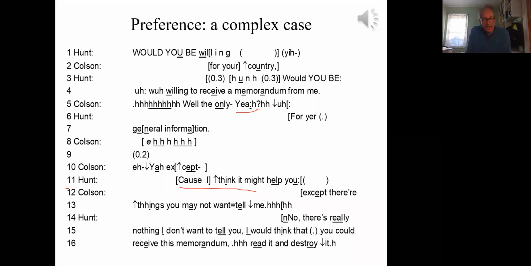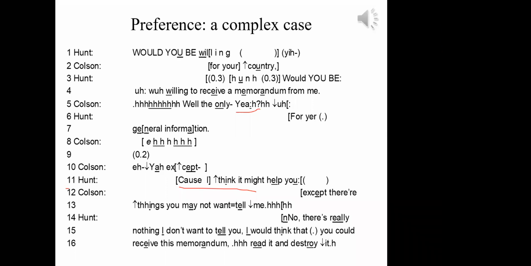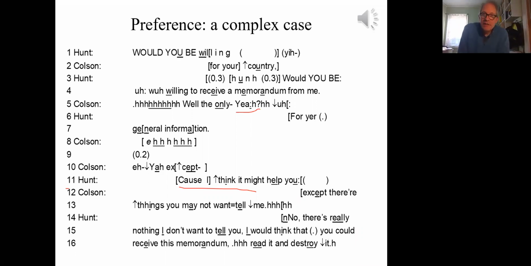Okay, so we're going to have to leave it. Yeah. Sorry, can you say what line 11 is again? Line 11 is the person who made the request. So up here he said, would you be willing to receive a memorandum? And he doesn't get a straight out yes answer. So in line 11, he's giving a reason why the person should accept, because I think it might help you.